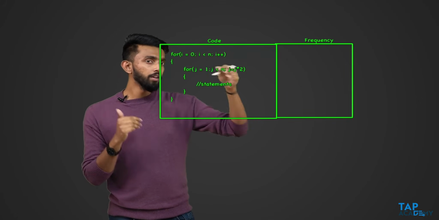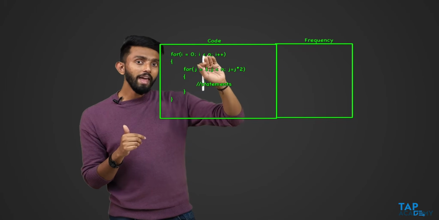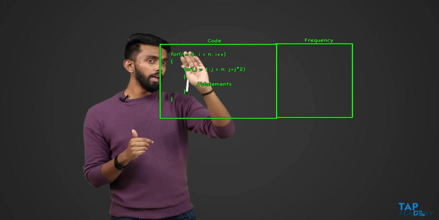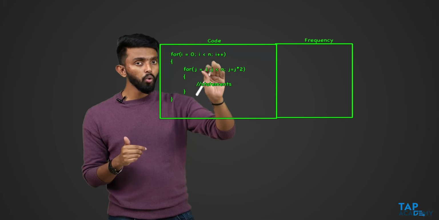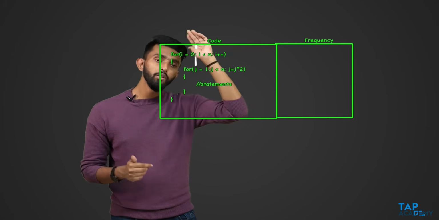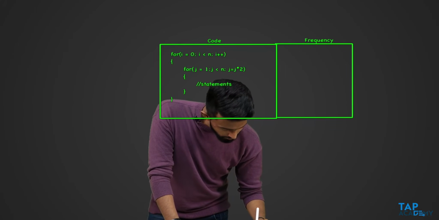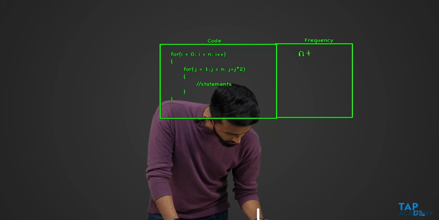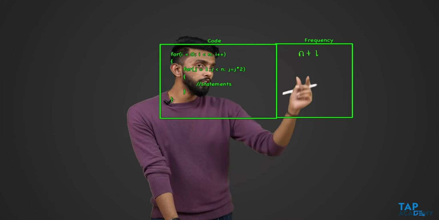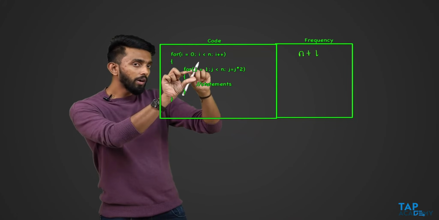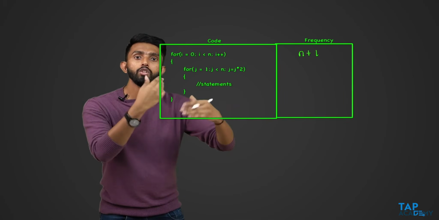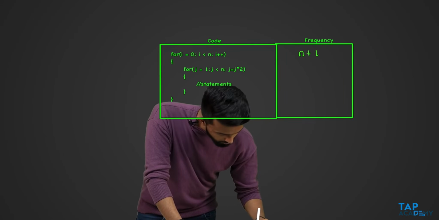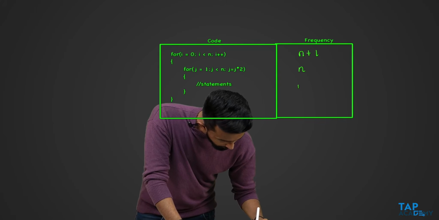It's going to be linear. So I know this will execute n plus 1 times. We know that n is for true, n plus 1 is for the false. Which means this will execute n plus 1 times. If this will execute n plus 1 times, whatever is inside it will execute 1 time lesser, which means I can tell n.